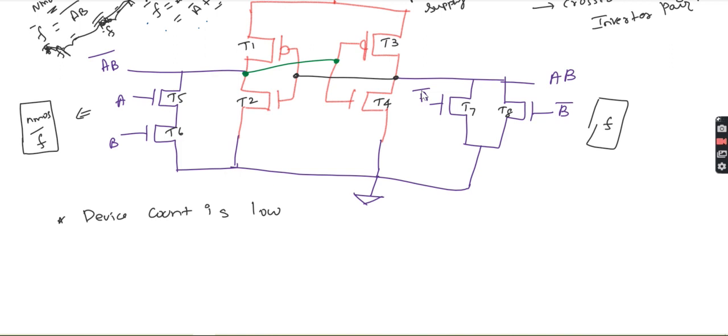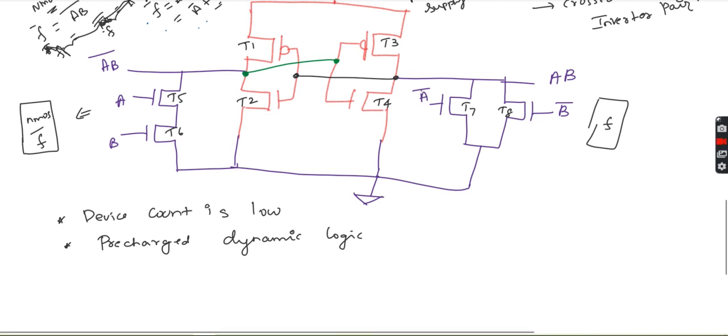If the device count is reduced, it will approach the pre-charged dynamic logic. It is a kind of circuit like pre-charged dynamic logic, and the pipelining of these gates can be operated with a 4-phase clock. See, here we are going to use the pipelining.